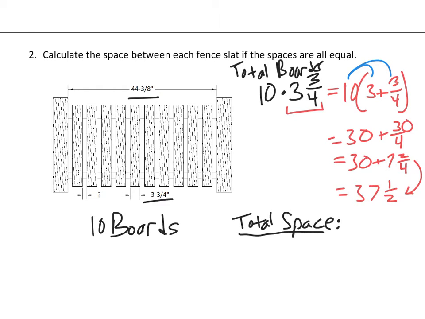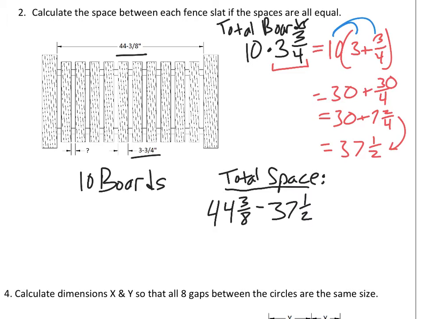The total space here, well, between the posts we have 44 3/8, and we'll take away 37.5. All right, so some more little fraction work here. We're reviewing some fraction things.